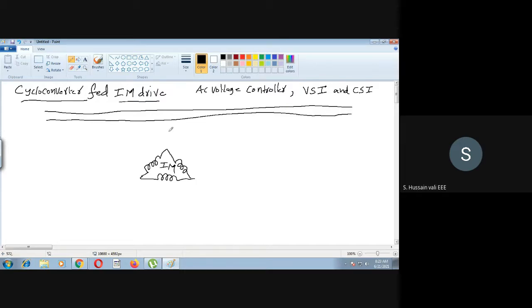I will take one type of that and explain it. I hope we can easily understand this, because we have already gone through the cycloconverter operation, so it is not so tough to understand.